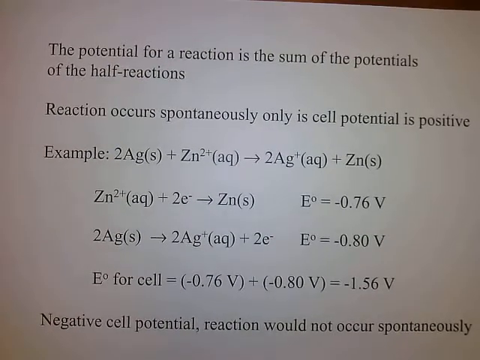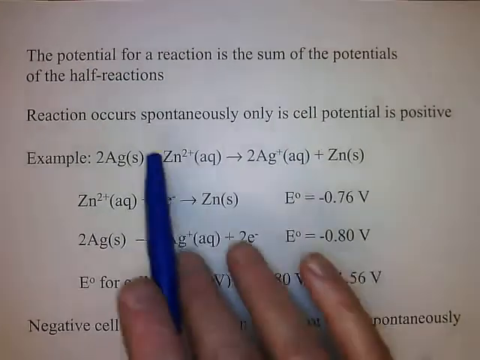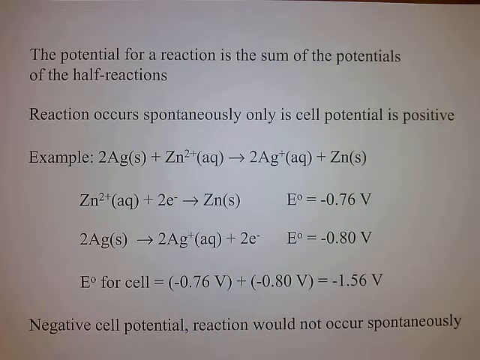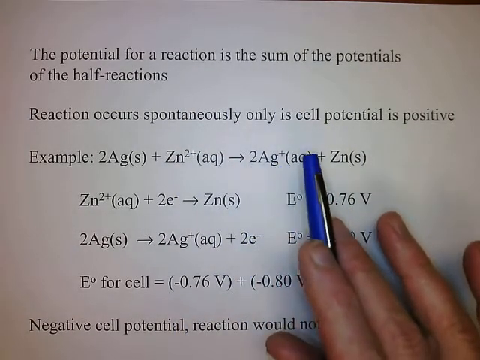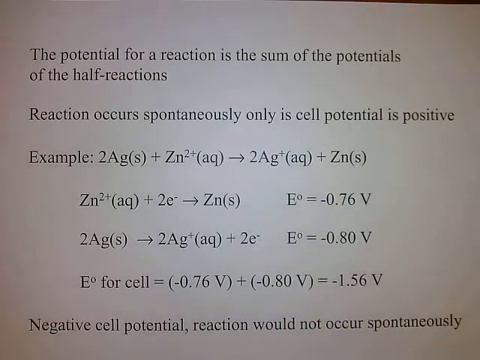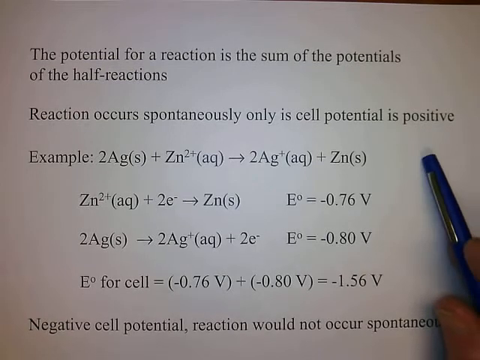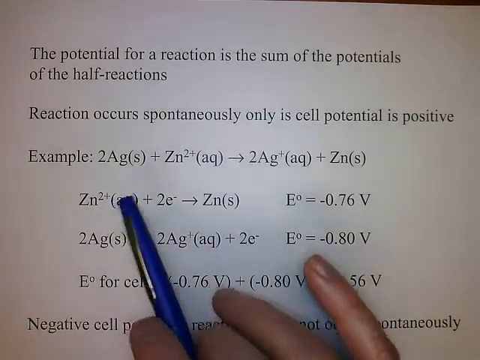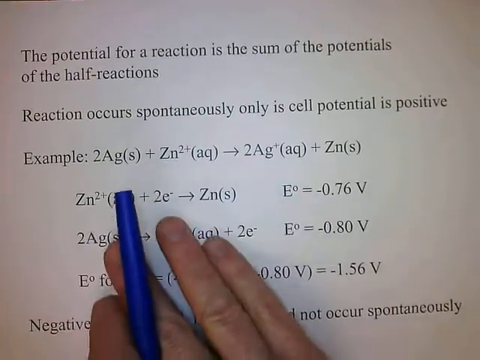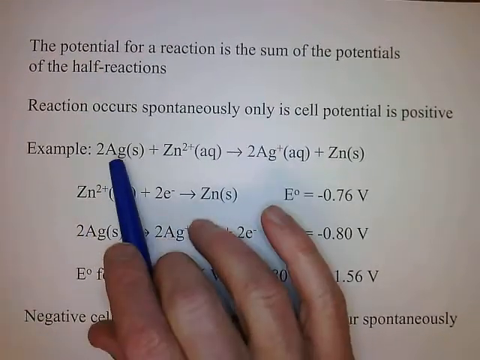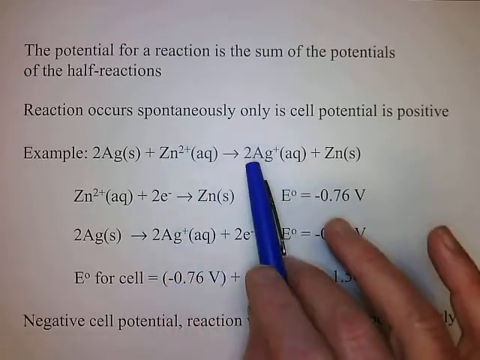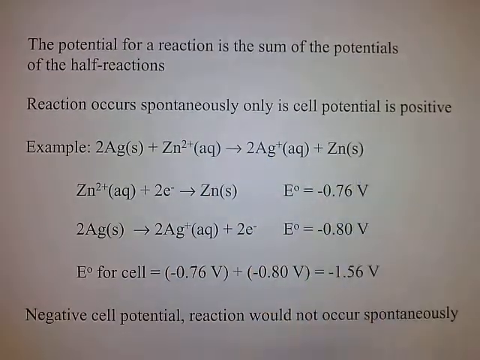And so, like was the case for the individual half reactions, the reaction only occurs spontaneously if the cell potential is positive. Okay, so let's look at this example. We want to look at the reaction between silver metal and zinc ion in solution to give us silver ion and zinc solid.